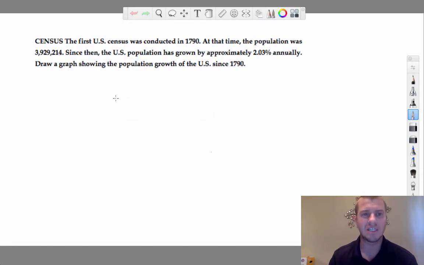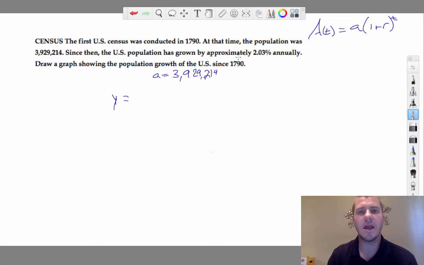So basically, I just want you to right now write the equation for it and what each part is going to mean. So because in 1790 the population was this 3,900,000 number, that is going to be my A, and it was growing at a rate of 2.03%.